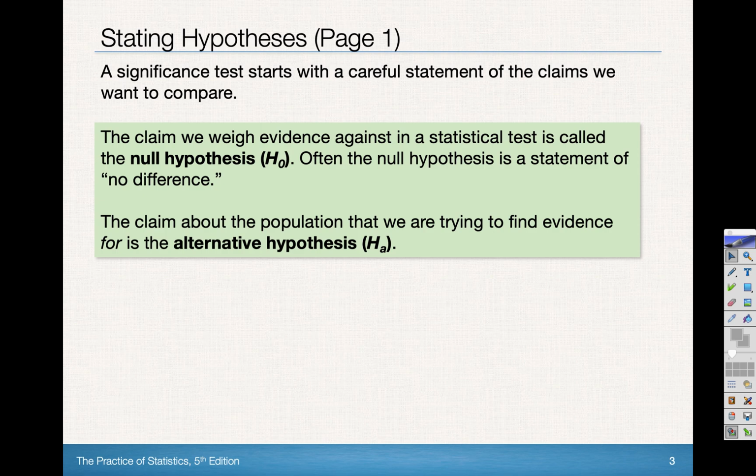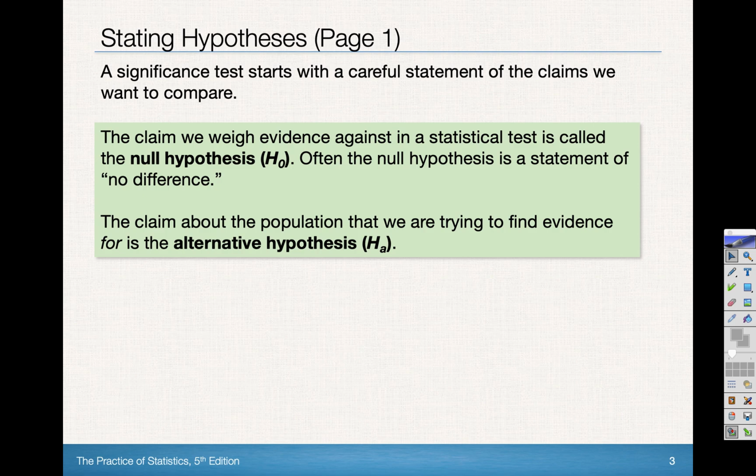So, for example, I claim that I can go and shoot and make 80% of my free throw shots. Okay, so I claim that I'm an 80% free throw shooter. So my null hypothesis would be that P is equal to 0.8.